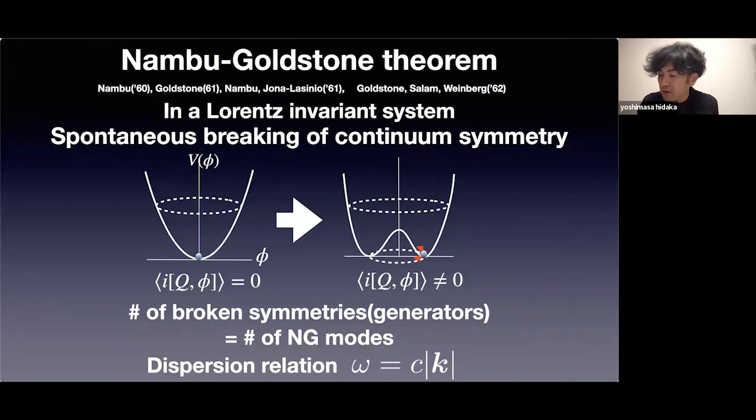In this potential, the minimum point is not unique, so there is some degeneracy. This direction corresponds to the order parameter. There is a one-to-one correspondence between the flat direction and the order parameter. That is what the Nambu-Goldstone theorem claims.